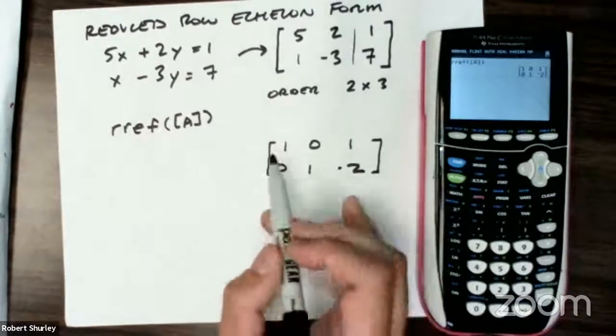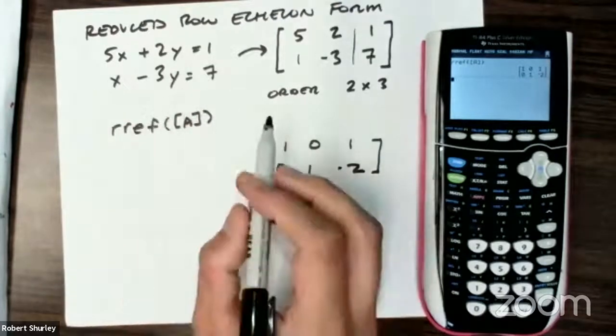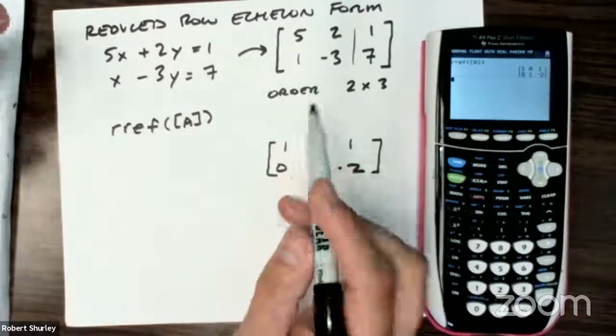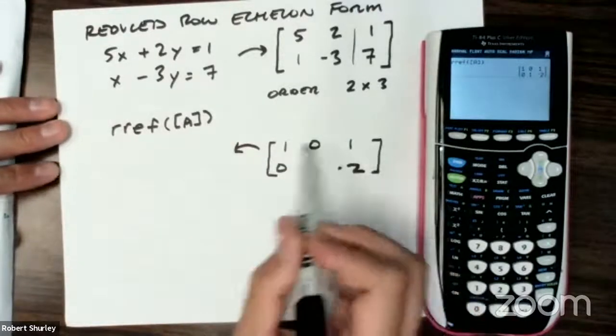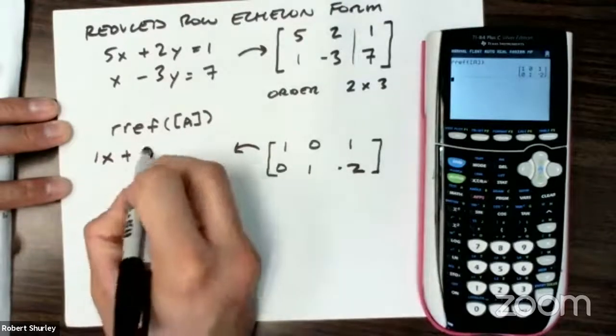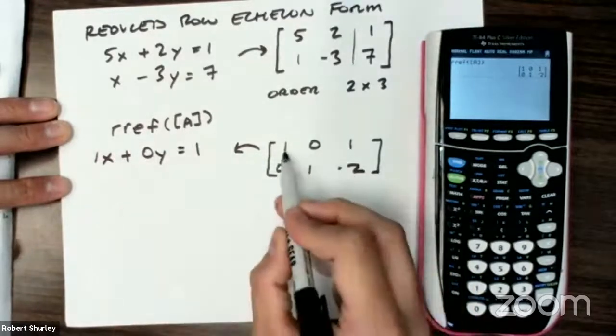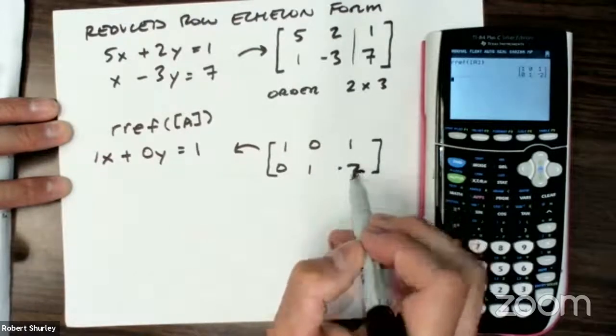Now, at this point, I'm going to go back to my equation form. Now, we're not usually going to do this at the end, but just to show you how this relates. What this is telling me is that 1x plus 0y equals 1, right? Here's our x's, here's our y's, here's our numbers.